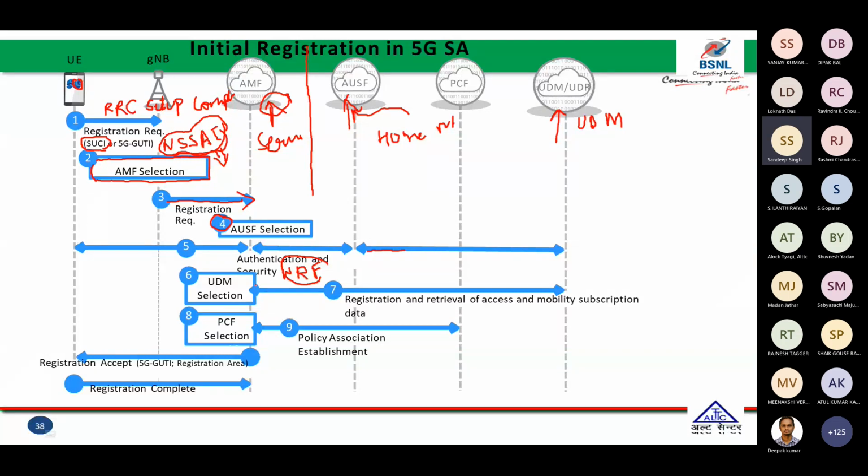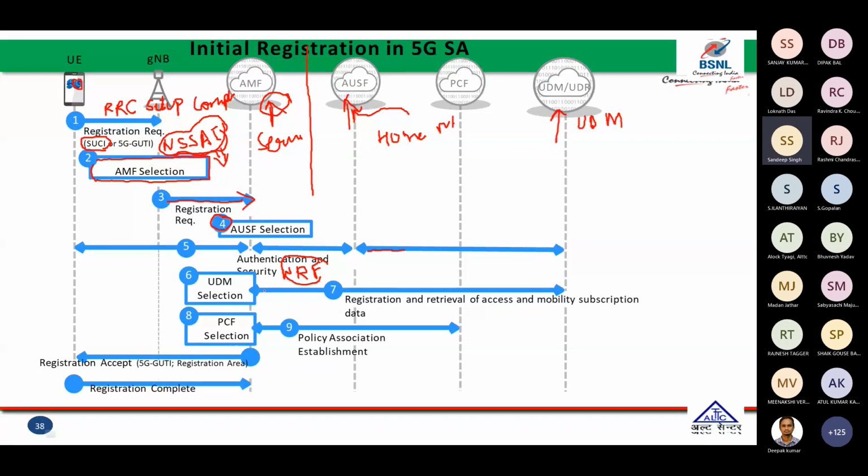All the network functions and what services they provide are registered here in the NRF. That's why the NRF helps the AMF select the proper UDM and PCF, because in the 5G network there is more than one UDM and more than one PCF.